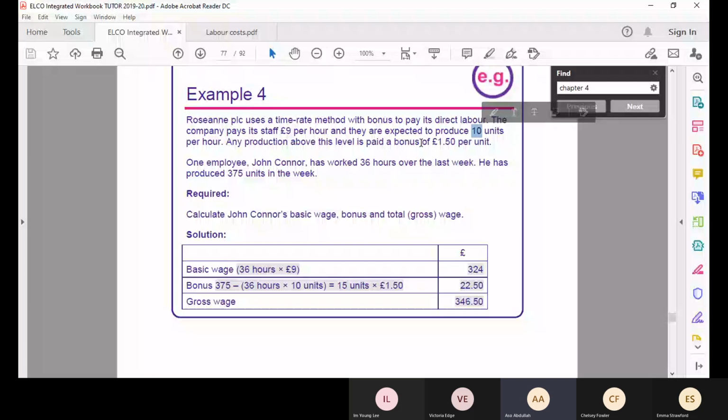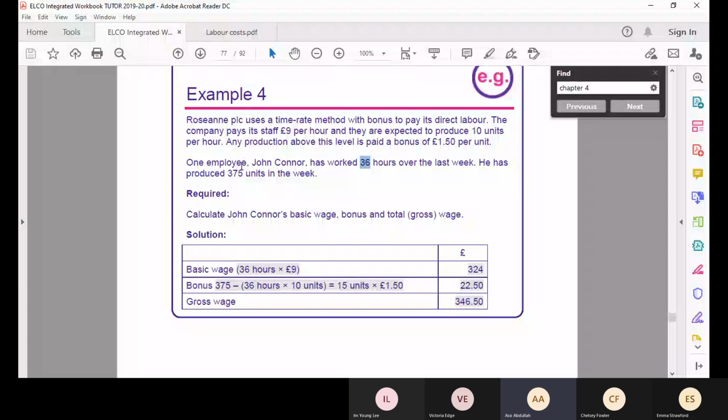So John worked 36 hours. So the company expects 360 units, because they put a target of 10 units in 1 hour. However, John is probably an experienced employee, or probably performing well, and that's why he made 375 units.